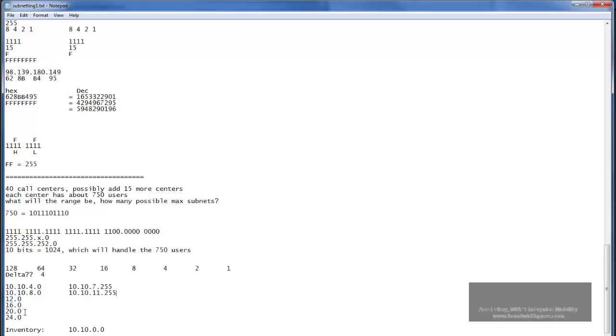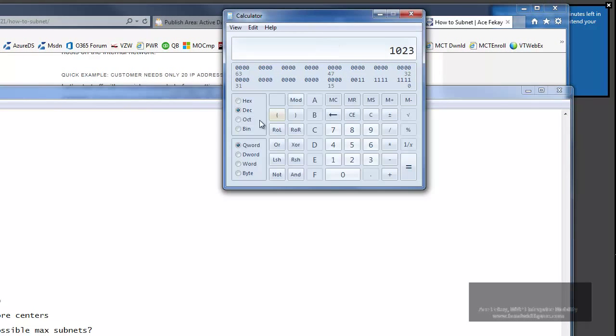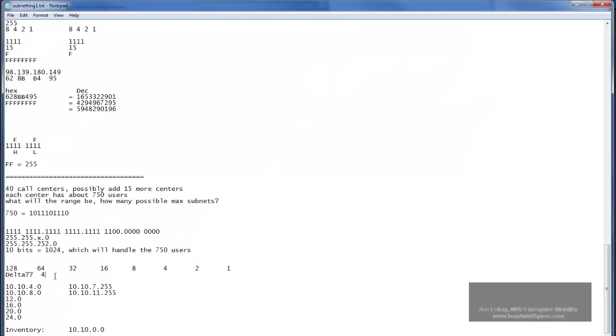Now, will this fit with the 40 here? I'm not going to copy these out, but 1, 2, 3, 4, 5, 6. We already have 6 there, and if we keep going, this will tell you how many networks there are. How many bits are there? Remember, in this octet, there's 6 bits. 1, 2, 3, 4, 5, 6, decimal, it actually will handle 63. Delta's 4.